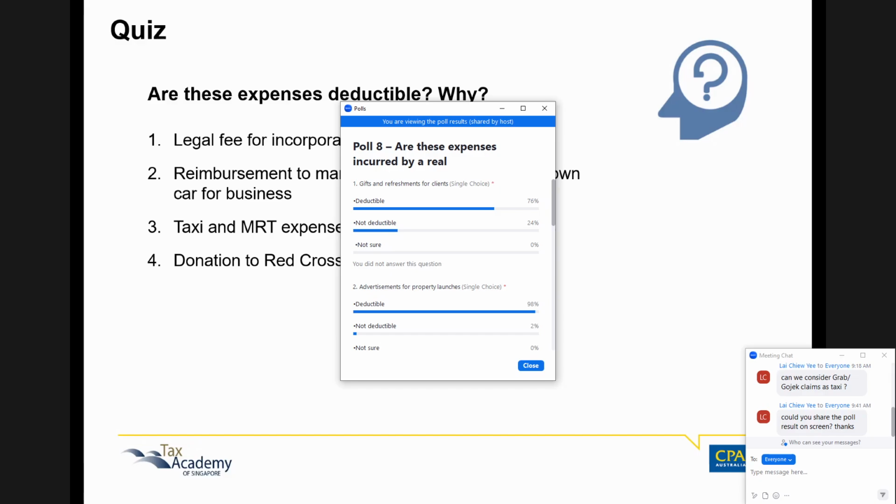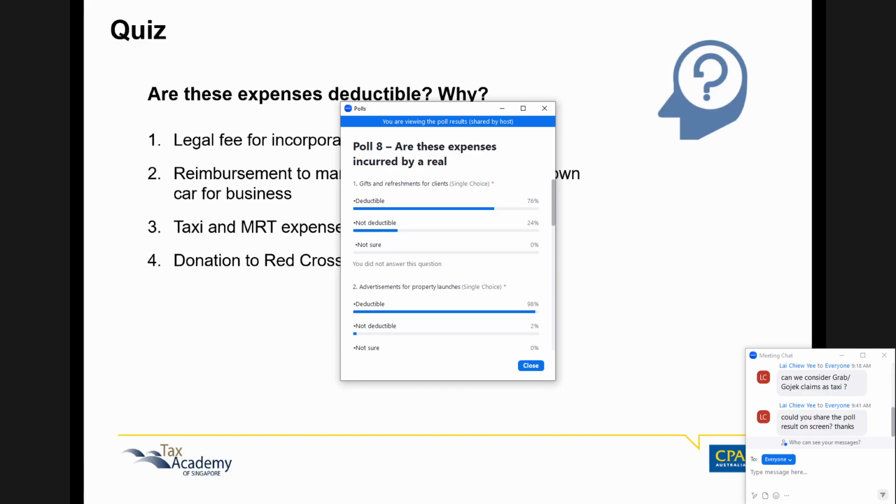Then the interest incurred on a loan taken to purchase office premises. Here I think we have different views: deductible 59%, not deductible 41%.